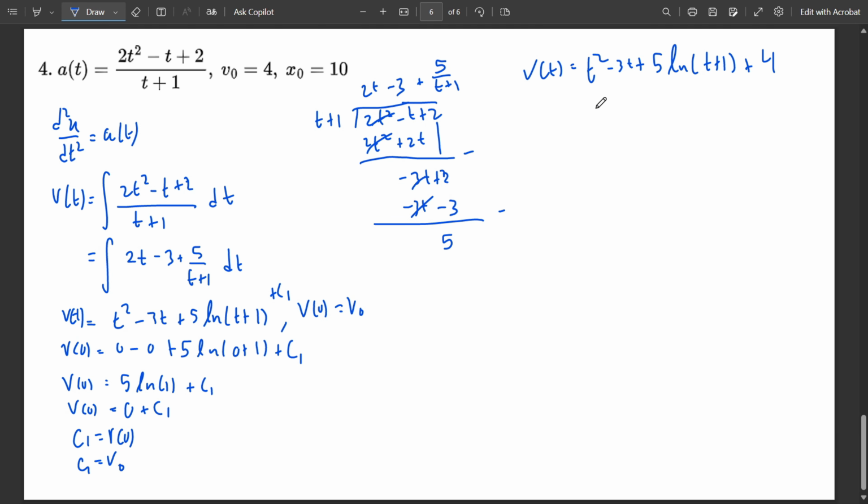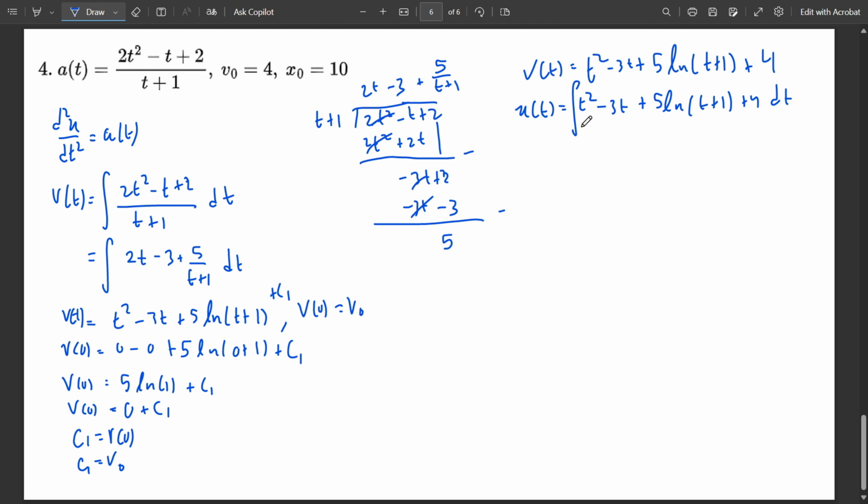Now we find the position function x of t. We integrate t squared minus 3t plus 5 ln of t plus 1 plus 4 dt.